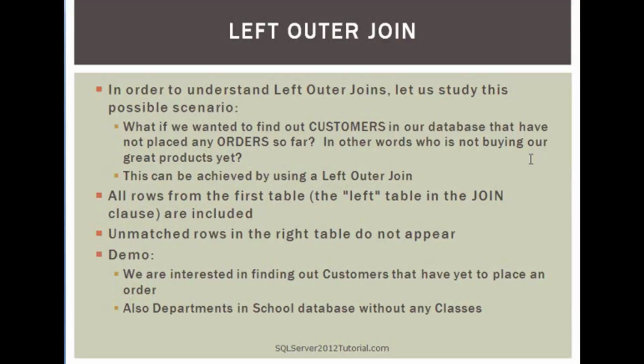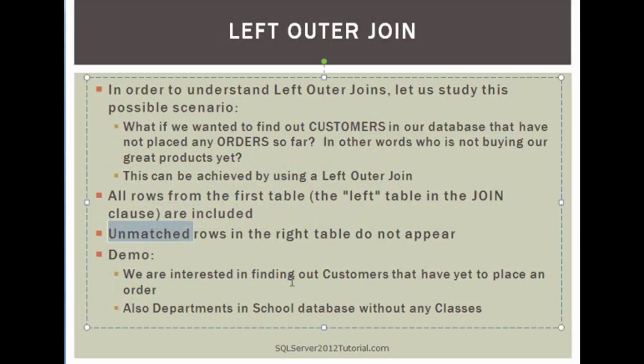Okay, and another way to think of this is that basically all the rows from the first table, which is going to be the left table in the join clause, are going to be included. Okay, and then as far as on the right table, basically the unmatched rows do not appear, or they will appear to be non-matched.